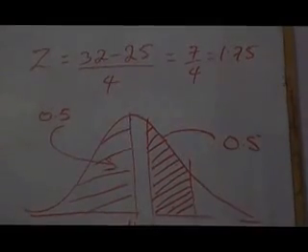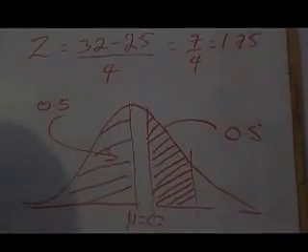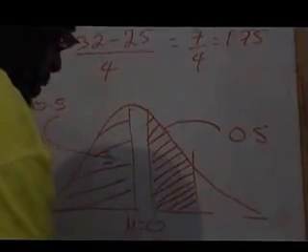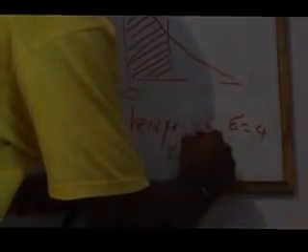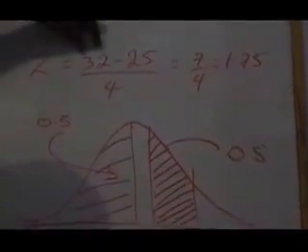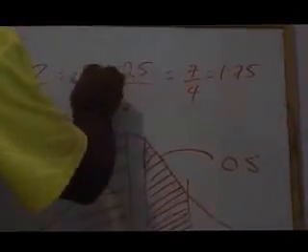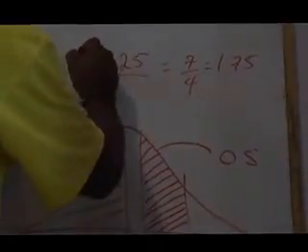Now let us have a look at x being 25. So we're going to erase this now. When x is 25, in the formula where you have 32, that's going to be equal to 25.